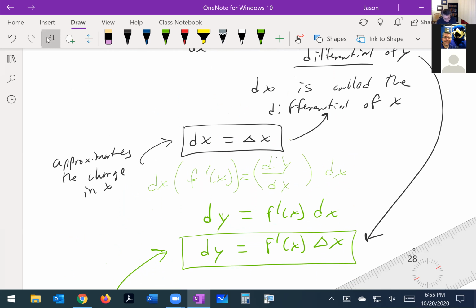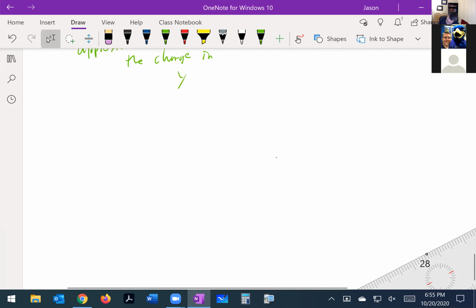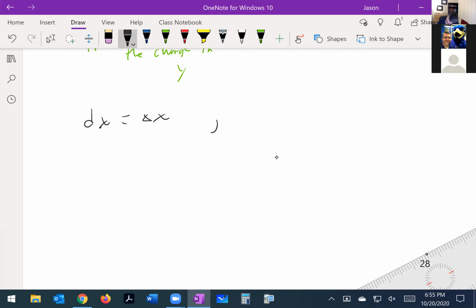Maybe we'll forego the history of math lesson here. But once again, what is dx? dx is equal to delta x, and dy is equal to f prime of x delta x. That's what we need to know here.